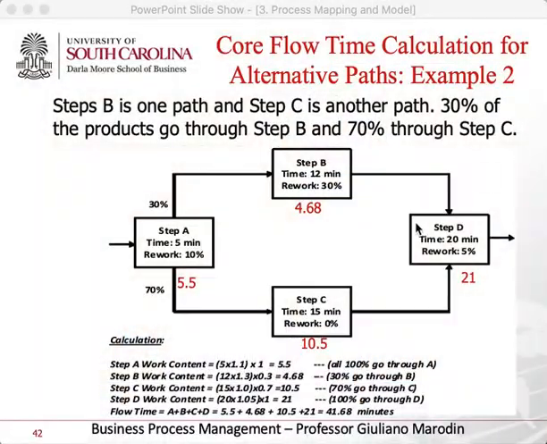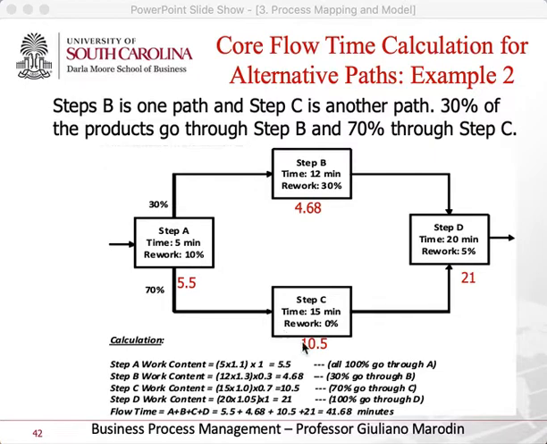And that's the way to calculate, okay? For step C here it is 15 minutes times 1 because rework is 0, and times 0.7, so weighted by 70% here, and that gives us 10.5, right? And then the last one is 21. The difference here is since I already weighted these two, I just need to add them all up, right?